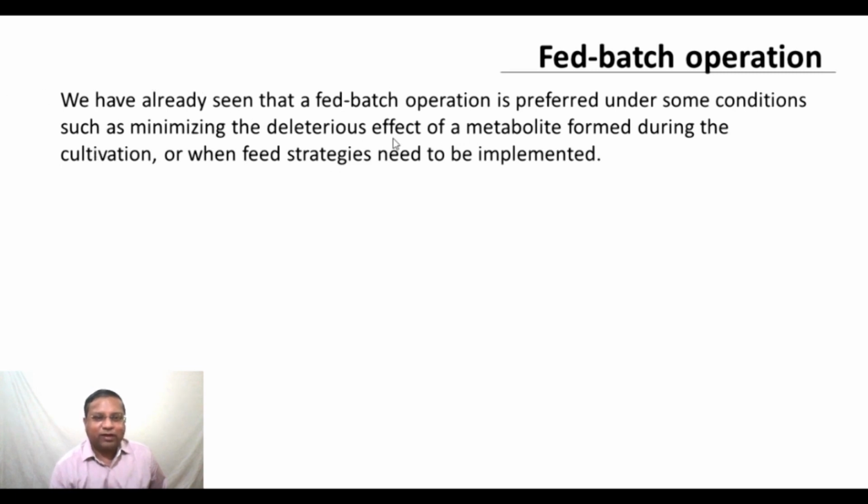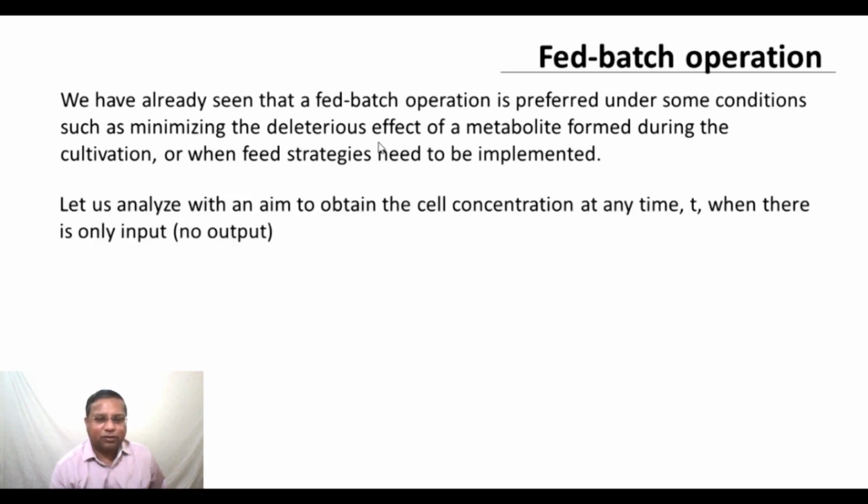We've already seen that the fed batch operation is preferred under some conditions, such as minimizing the deleterious effect of a metabolite formed during the cultivation, or when some special feed strategies need to be implemented. This is one of the situations where one would prefer a fed batch operation.